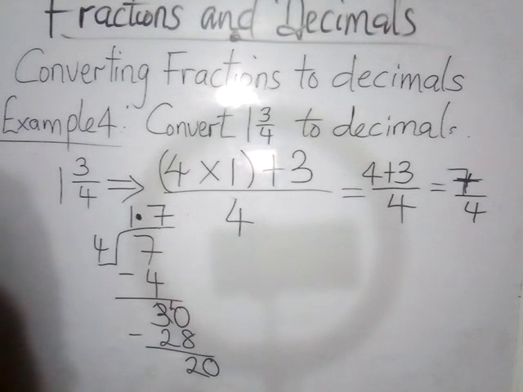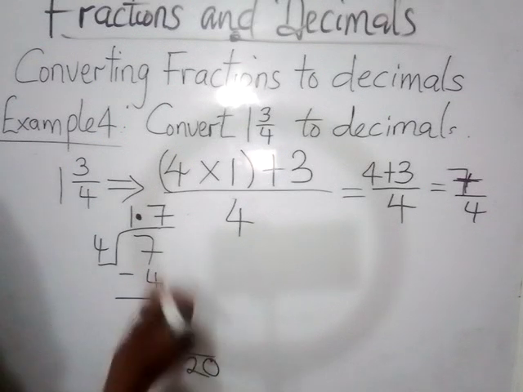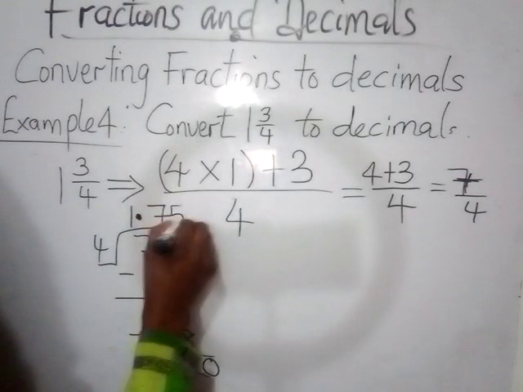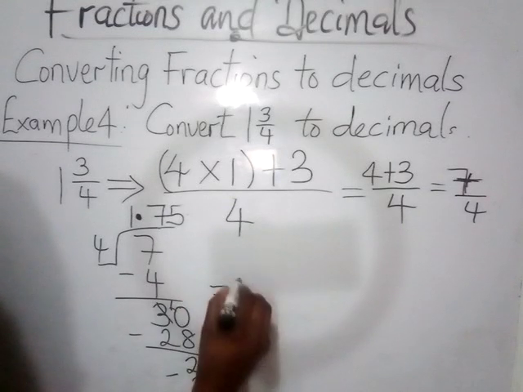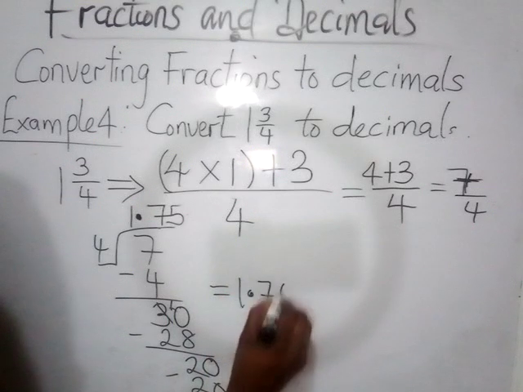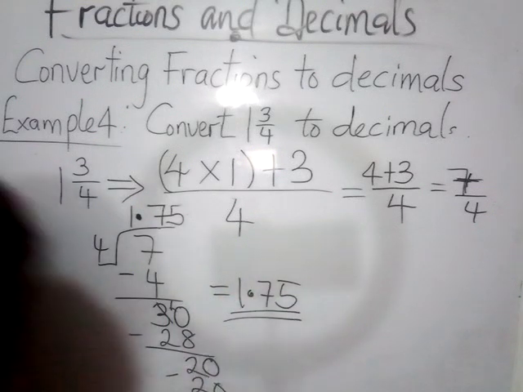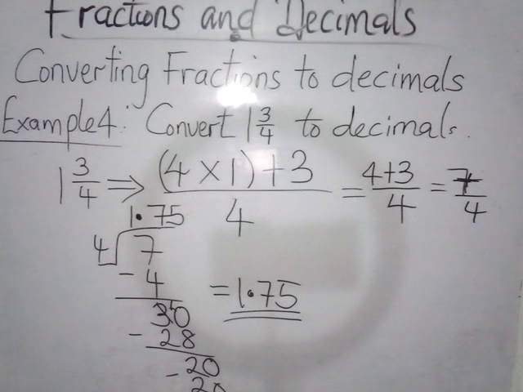As long as you keep having a remainder, you can keep adding 0 so that your division will continue. 20 divided by 4 is 5. And 5 times 4 is what? 20. So your answer is 1.75.